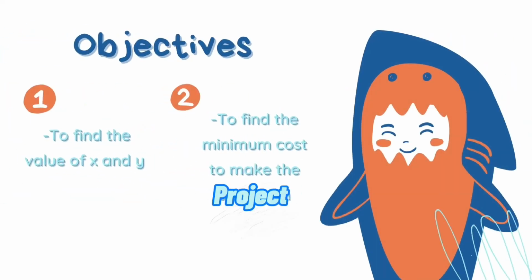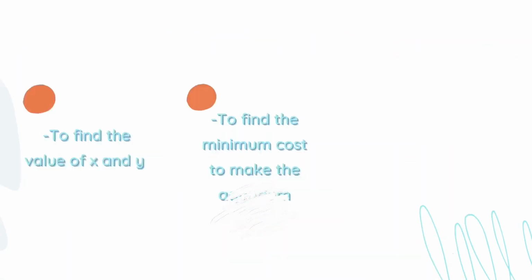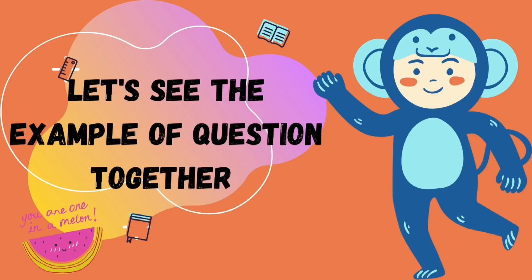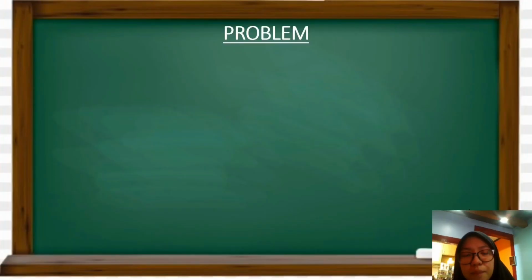The objectives are to find the value of x and y and to find the minimum cost to make the project. Let's see an example question together. Let's figure out a MAT183 problem related to minimum and maximum, which can be solved by using differentiation application.